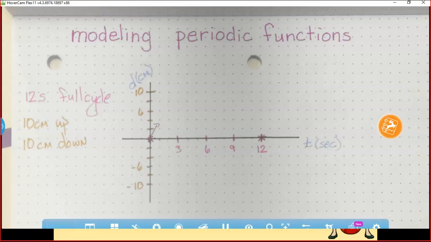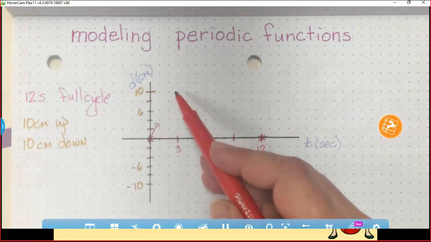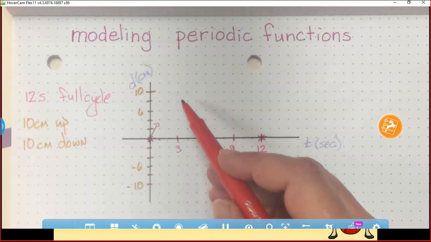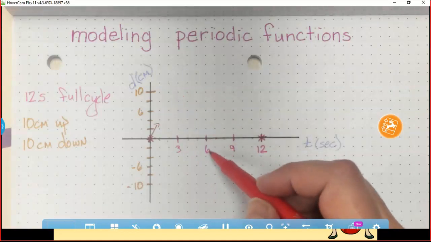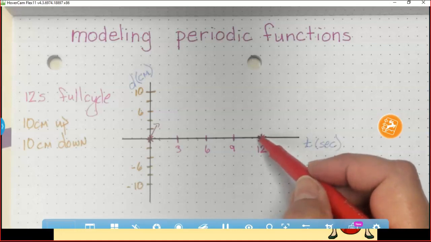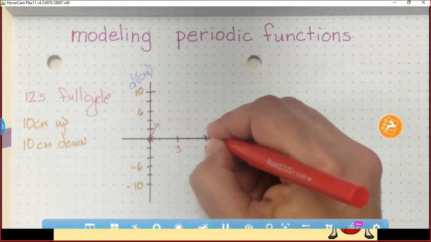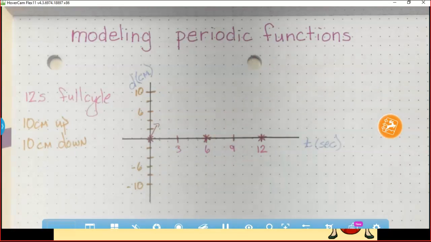Now I got to figure out how it did this. That cycle went to the up, all the way up to 10, and then it went down back to equilibrium, and then it went down below to 10, and then it went back up to 12. So that means halfway between the beginning and the end, it crossed that equilibrium point again.